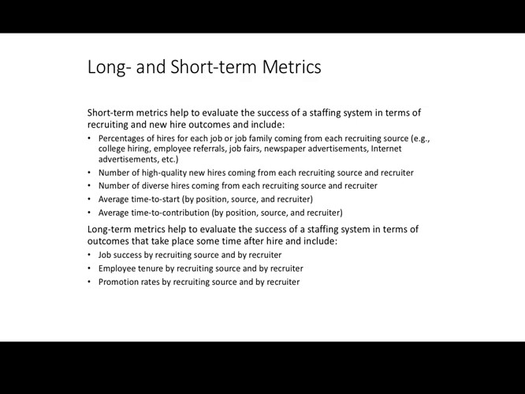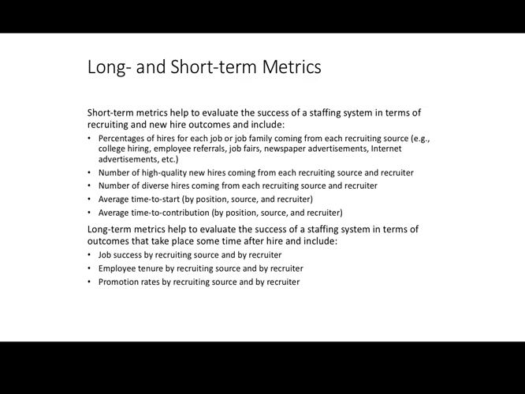So we want to, across our organization, know different job families, different sources for each job family, so it's a large matrix that you'll be creating. You want to know the average time to start, how quickly you can get people starting, and how quickly they can be up and productive, so the time to contribution, etc.